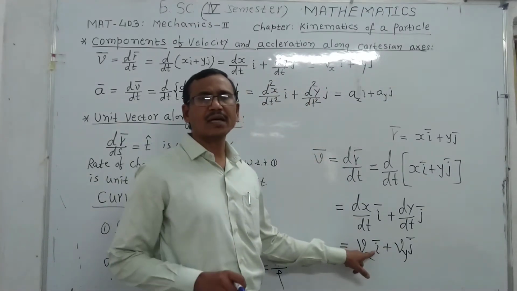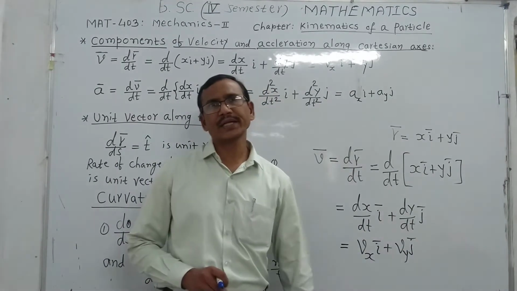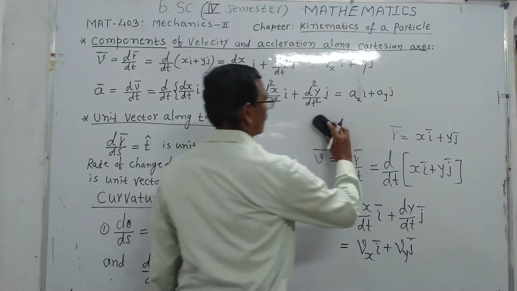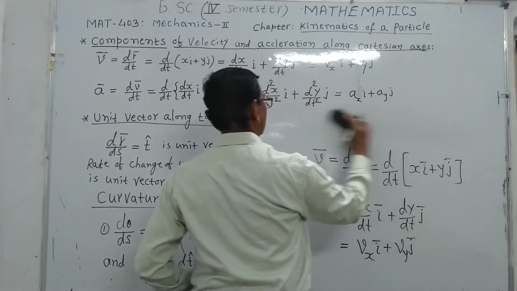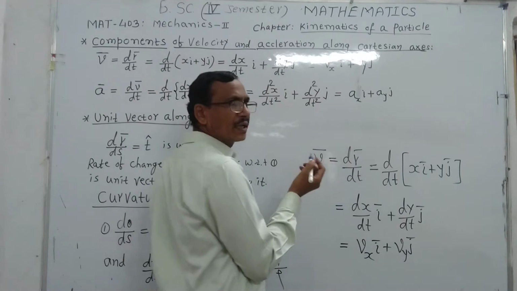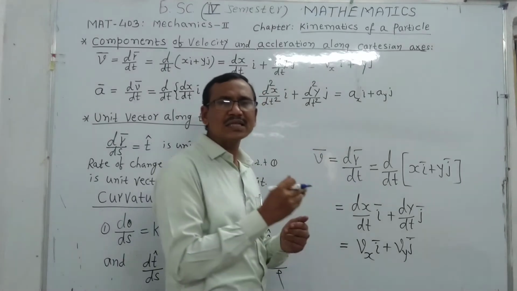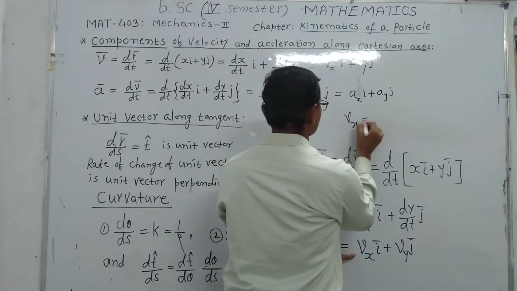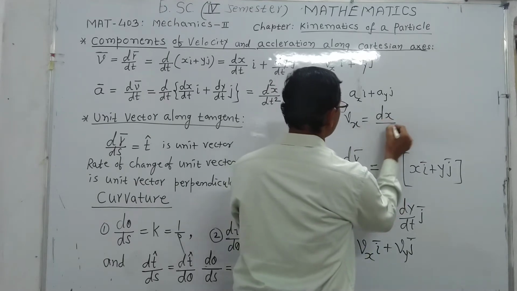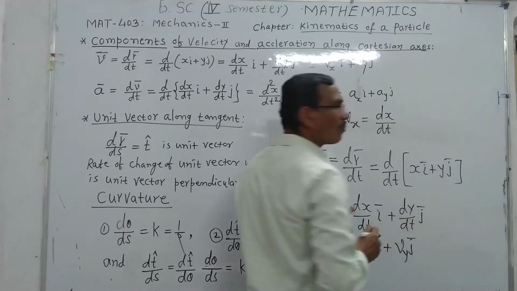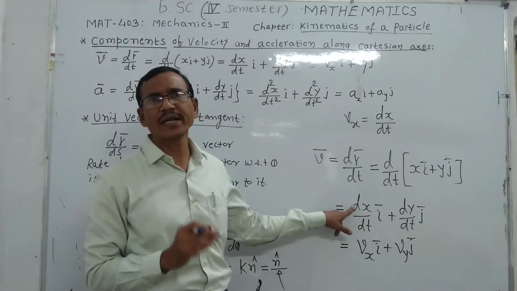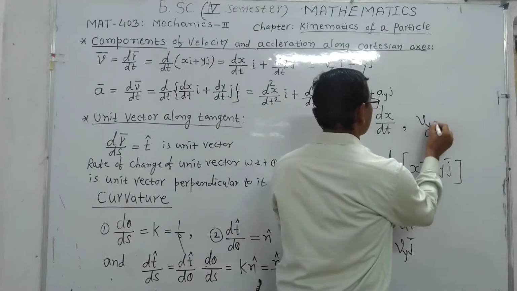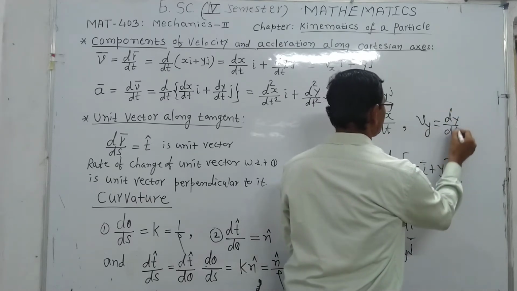As i bar is a unit vector along x axis and j bar is a unit vector along y axis, therefore component of velocity along x axis, or any line which is parallel to x axis, is vx equals dx by dt, and component of velocity along y axis, or any line which is parallel to y axis, is given by vy equals dy by dt.